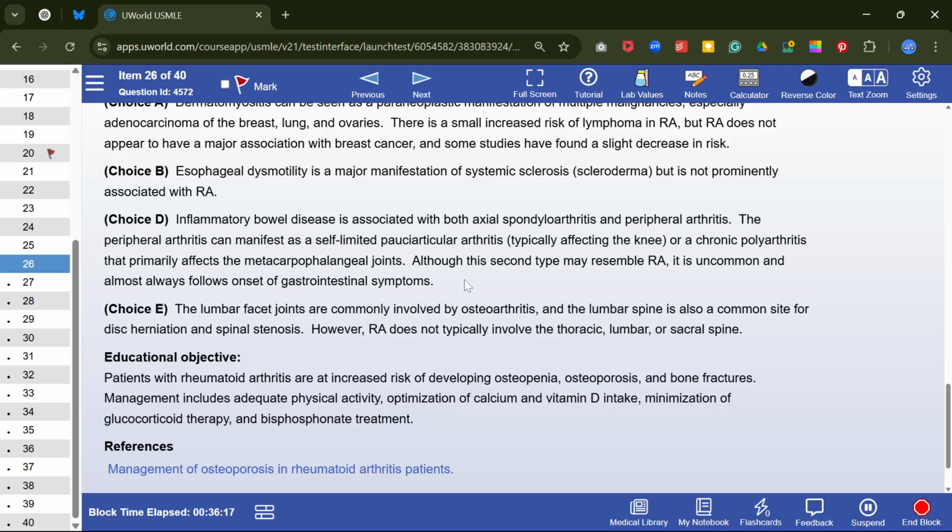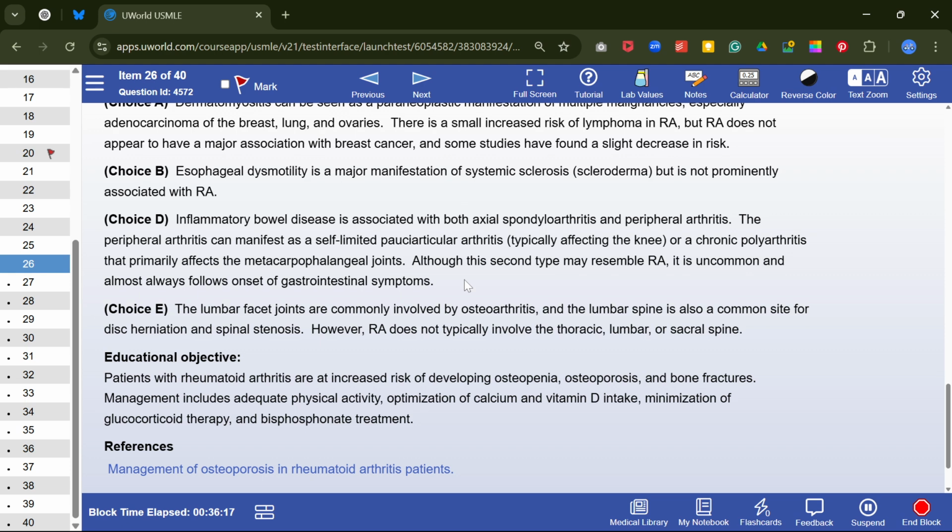Although this second type may resemble RA, it is uncommon and almost always follows onset of gastrointestinal symptoms. And the lumbar facet joints are commonly involved.